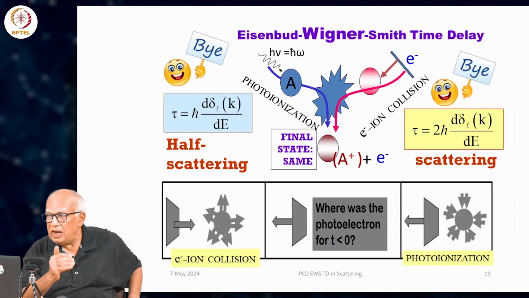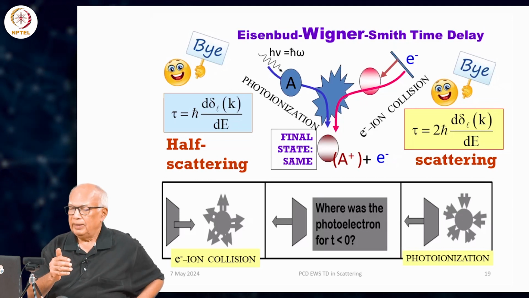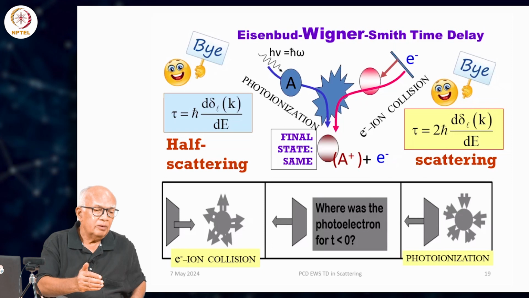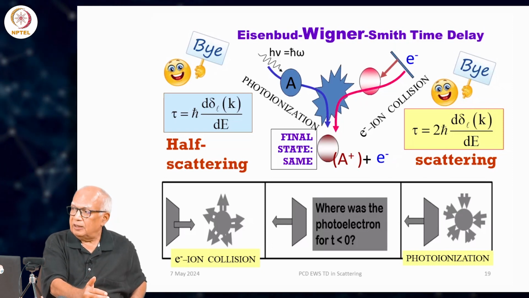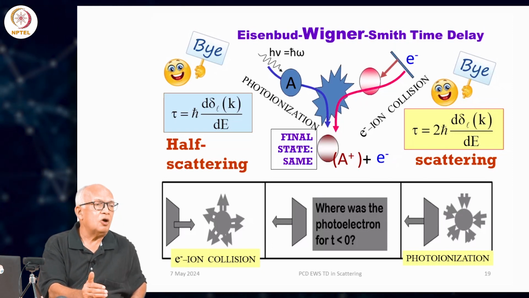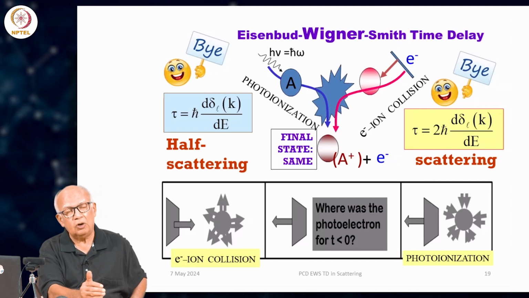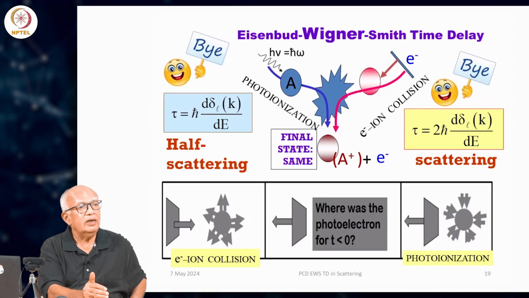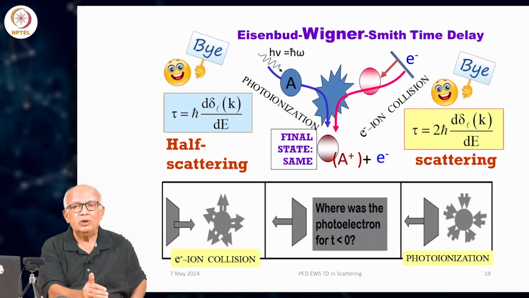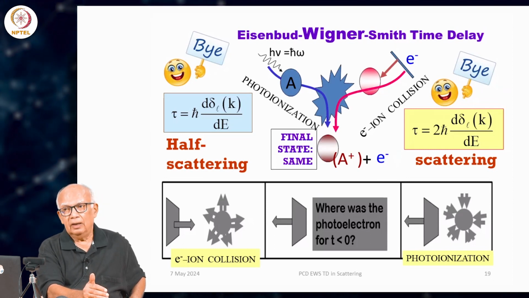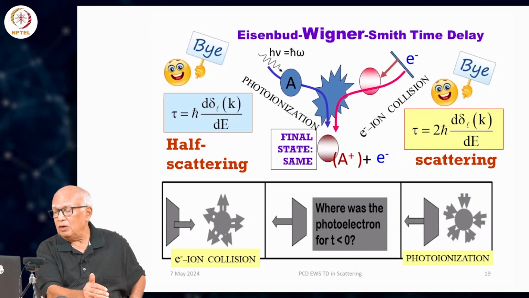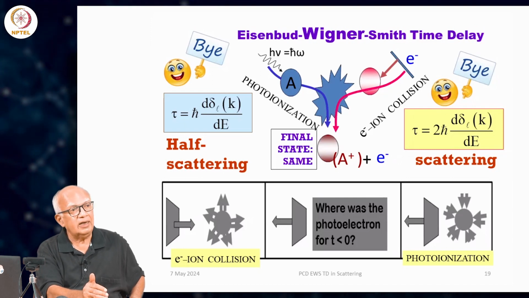Is this time delay measurable? Is it representable by a quantum operator which is self-adjoint, because observables can be represented by self-adjoint operators. If an operator is not self-adjoint, then it does not correspond to an observable. And there is no operator for time in quantum mechanics. I emphasized that yesterday as well.